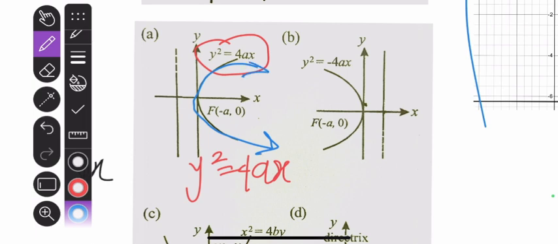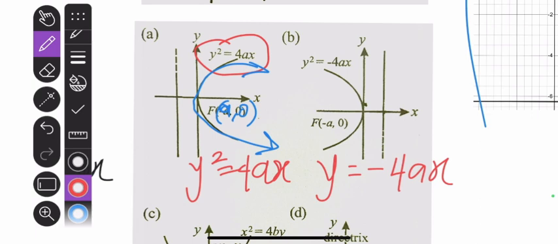And this is supposed to be a comma 0, sorry. If we have y squared equals minus 4ax, it means the a at the focus is negative, and by that time the parabola moves towards the left-hand direction. Now this is supposed to be squared here.